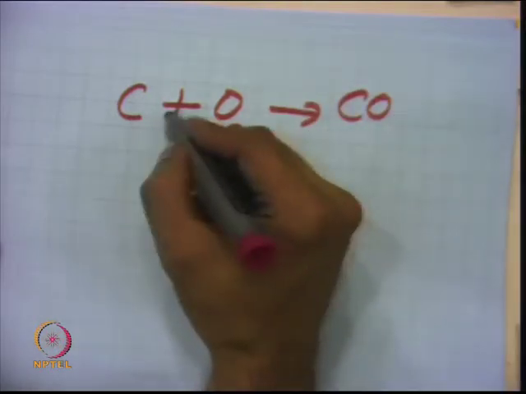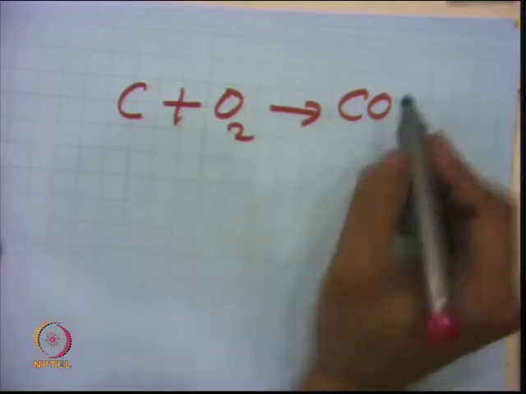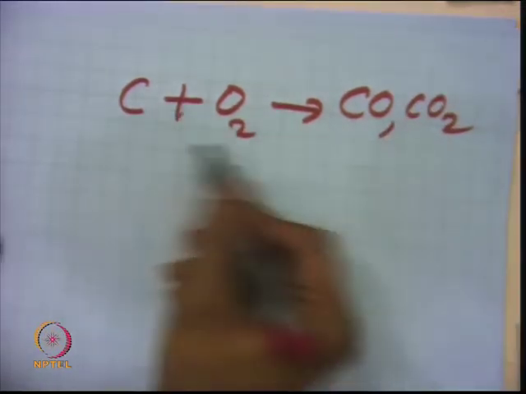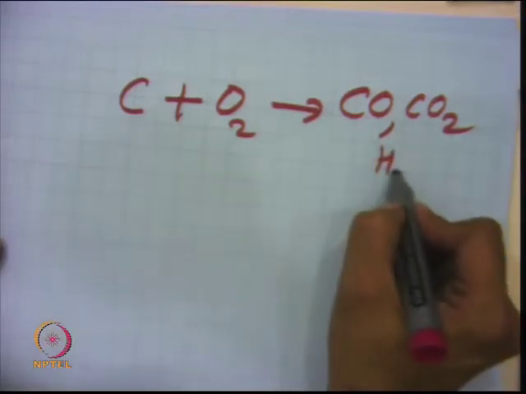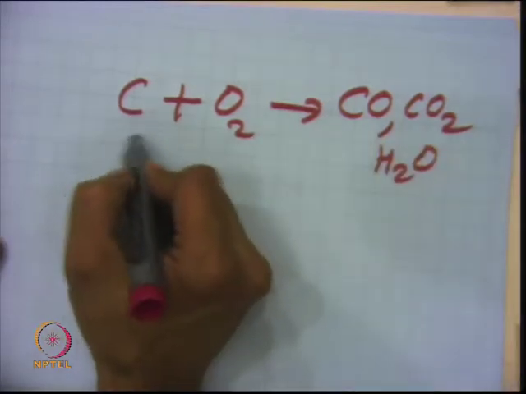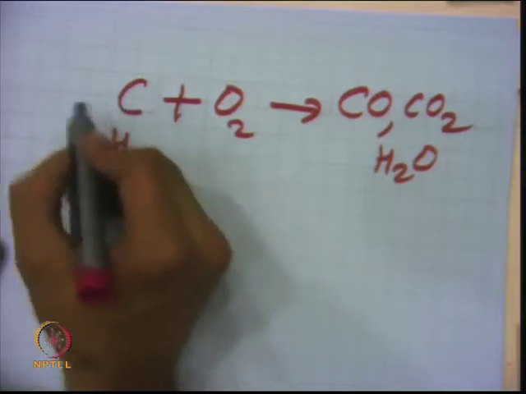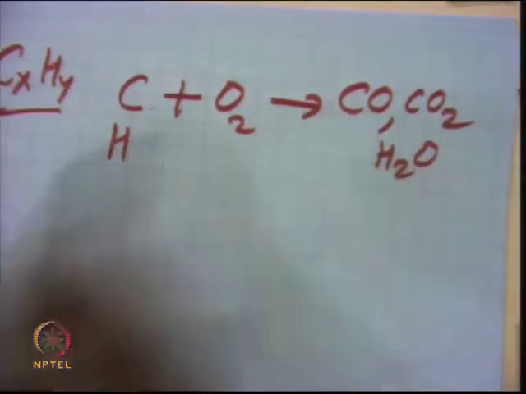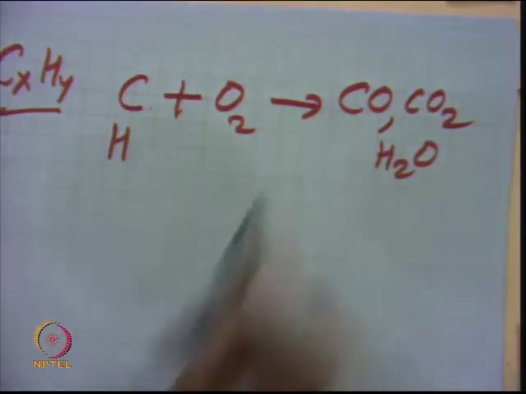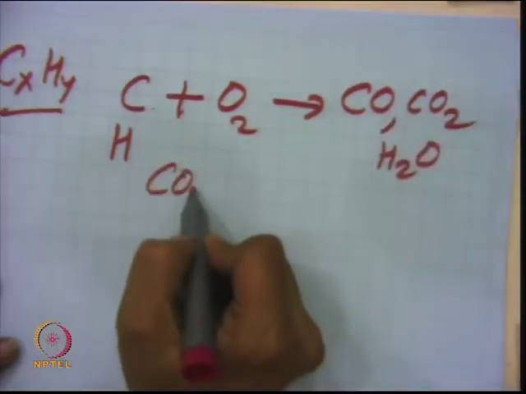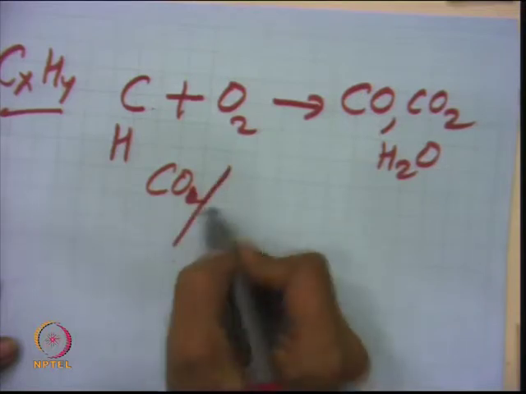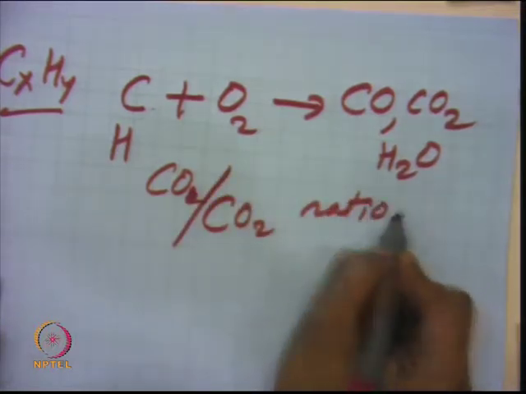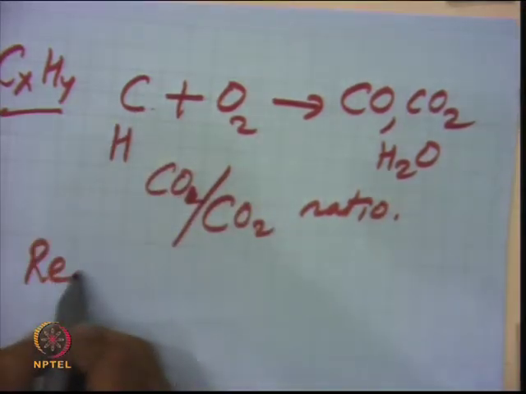When you burn it with controlled oxygen, this gives you CO, CO2, and water, since coke may contain hydrogen, CxHy. So, ultimately you may get all these things. One needs to control the CO to CO2 ratio in the flue gas, especially when we talk about regeneration of the catalyst.